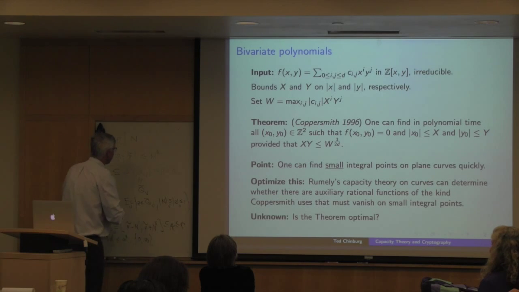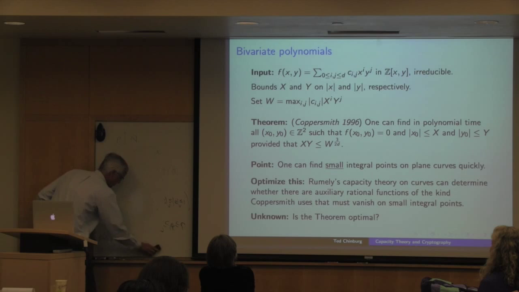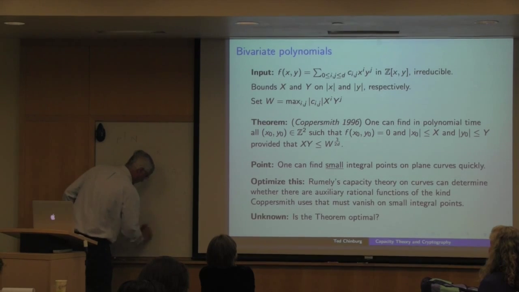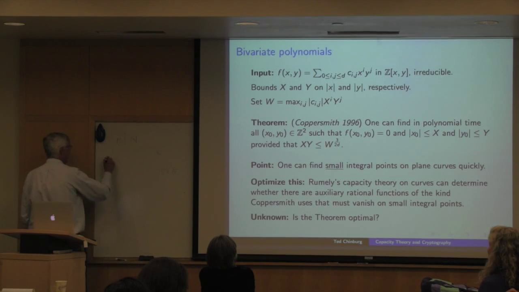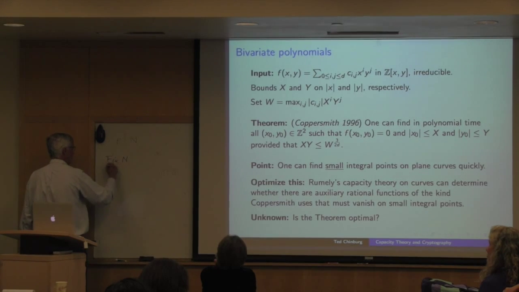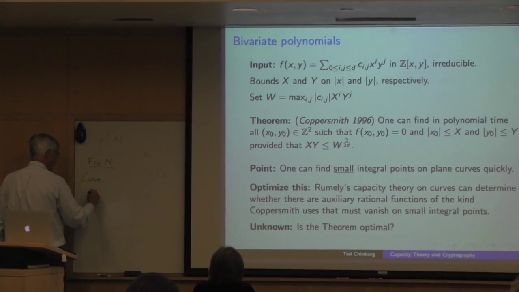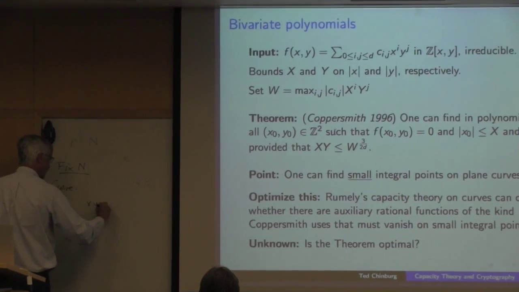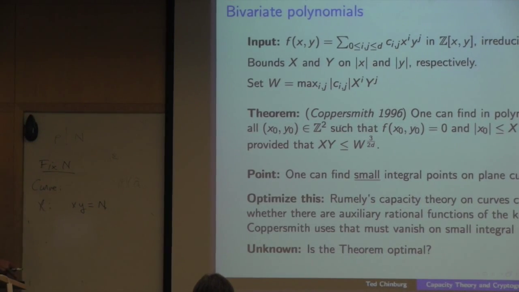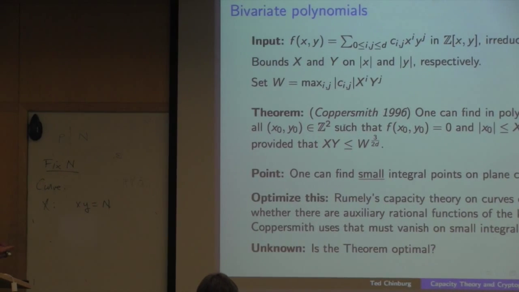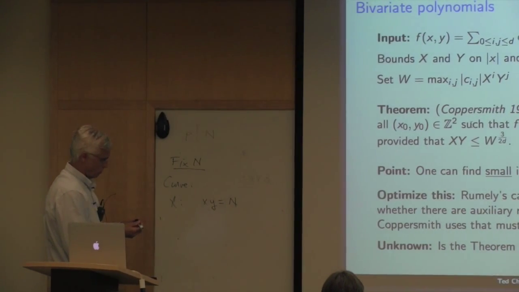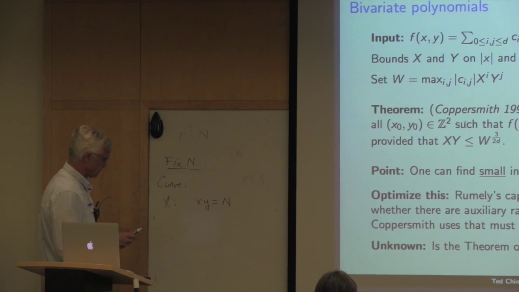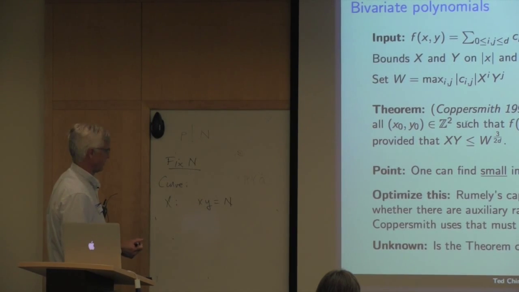It's relevant to the factoring problem because if you fix n, you have a curve defined by x times y equals n. And we could be trying to find small points on that curve, or points that are near a particular real valued point.